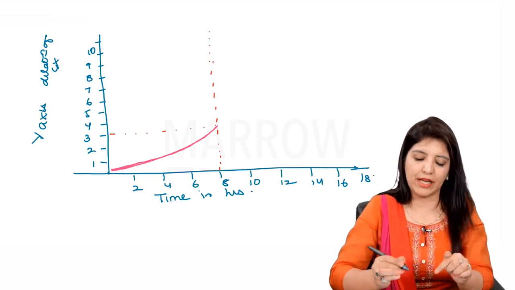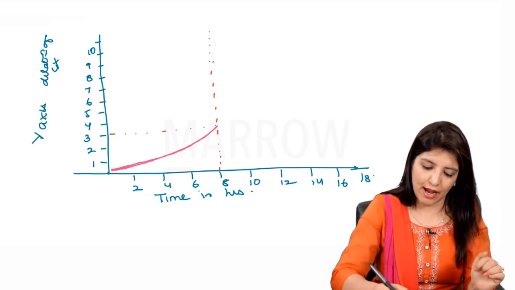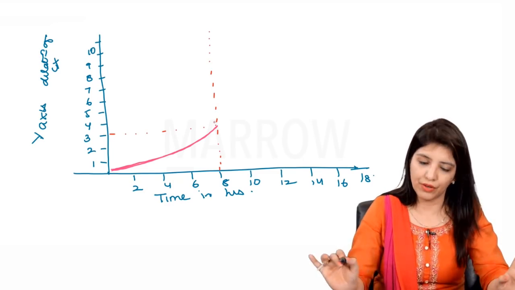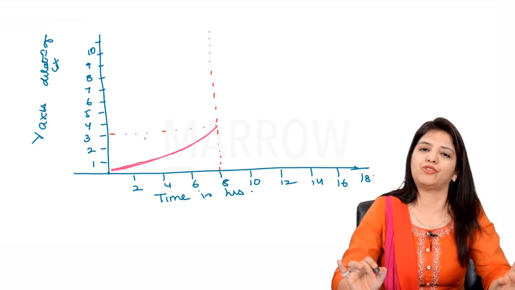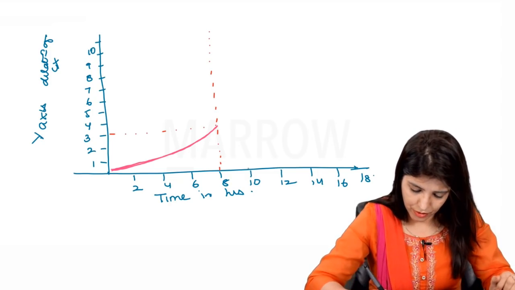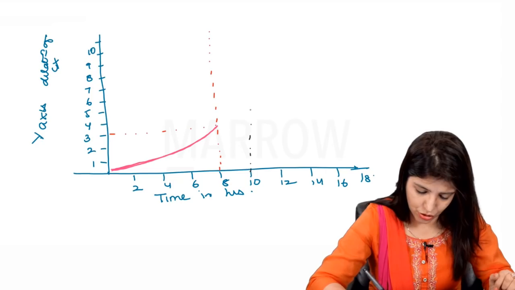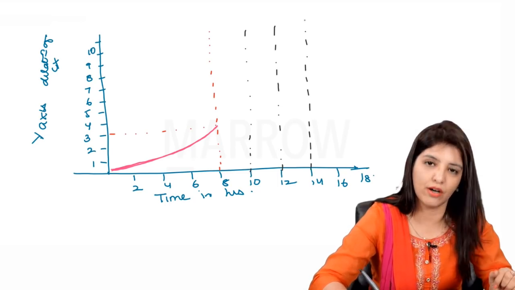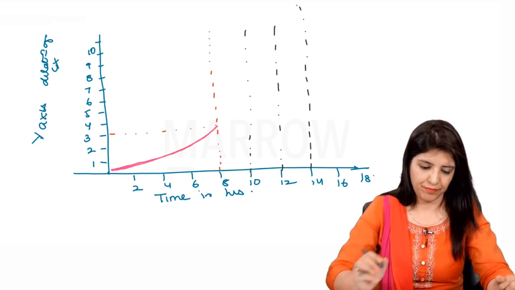And then I have made a curve which is going up till the place where the two lines are crossing each other, right? This pink colored line is representing your latent phase. Now, from 10 hours, draw a dotted line. From 12 hours, you have to draw a dotted line, and from 14 hours, you will have to draw a dotted line.